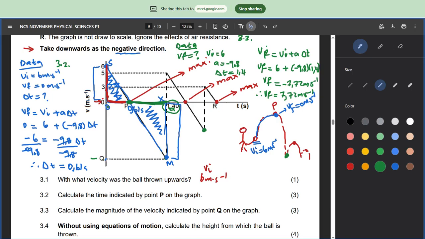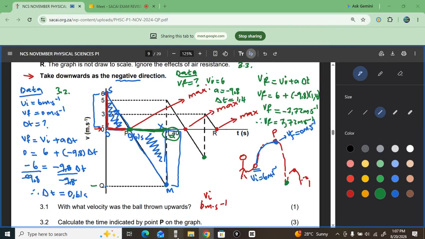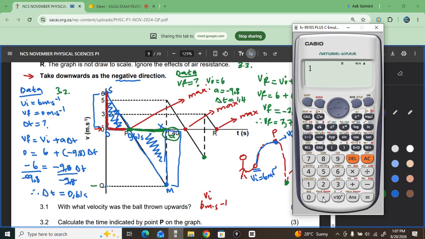What is that equal to? I get negative 47 over 10. Is it possible to say 1.4 minus 0.61 and get a negative answer? That's not possible.